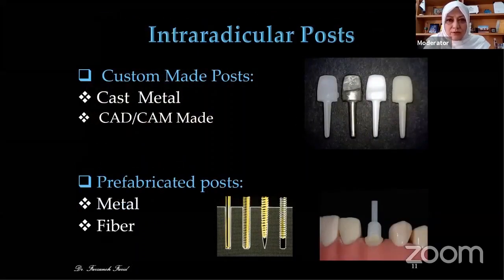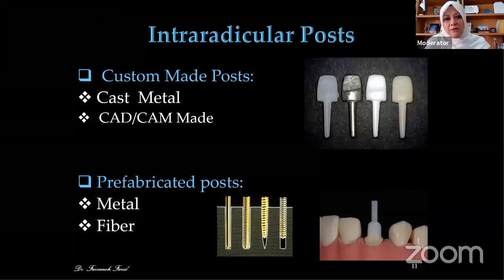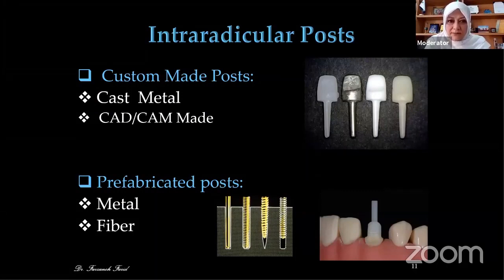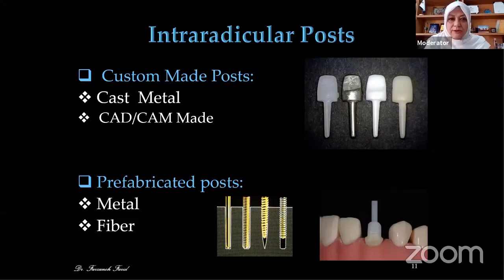Let's talk more about the intraradicular or intracanal posts. They may be custom made or prefabricated. The custom made posts are shaped according to the shape of the canal of the patient. The post and core are attached to each other in one piece and have the same material. They may be cast or made by CAD/CAM techniques.